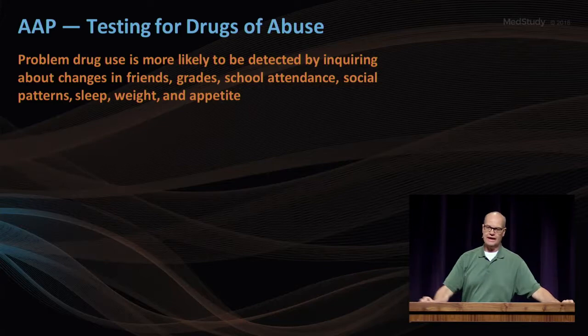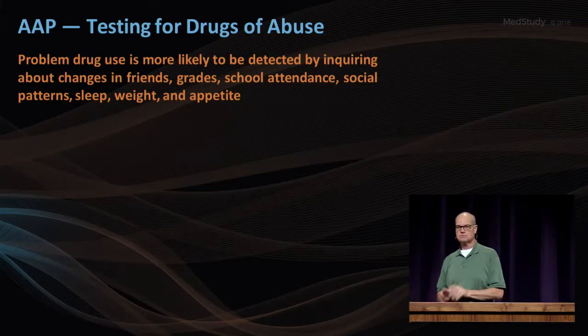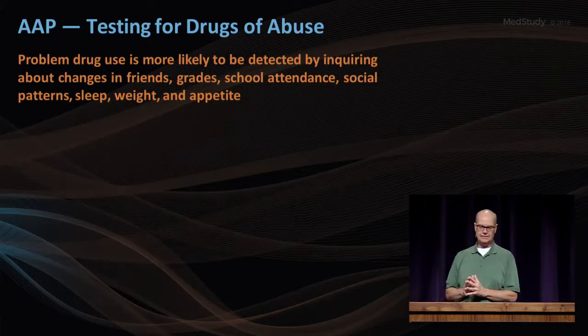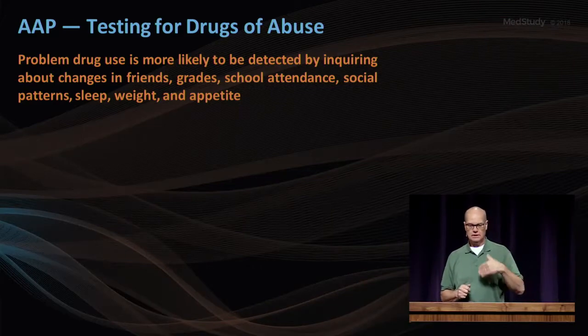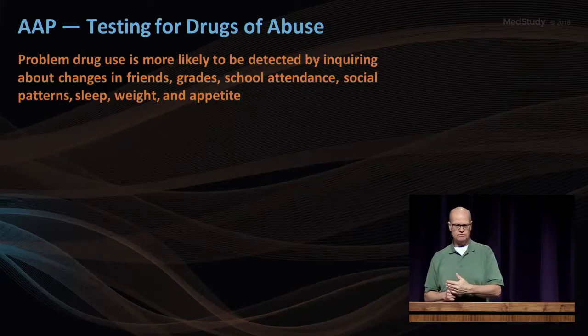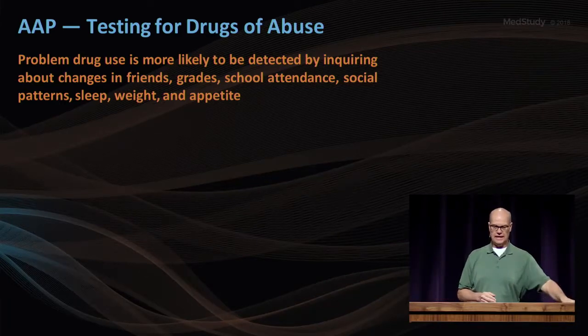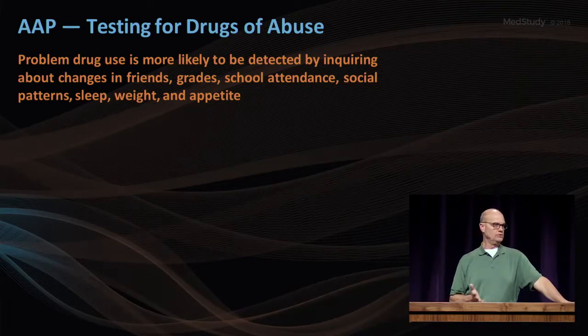And the reason for that is that problem drug use is much more likely to be detected by inquiring about all the things that we've talked about: change in friends, grades, school performance, and the like, rather than simply saying, do you use drugs?